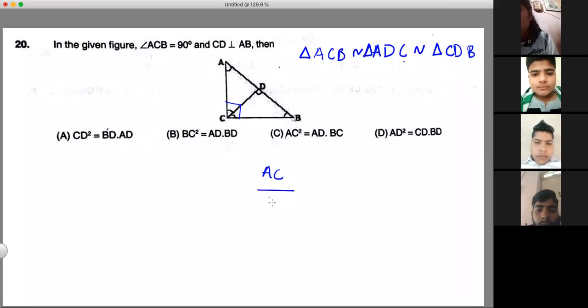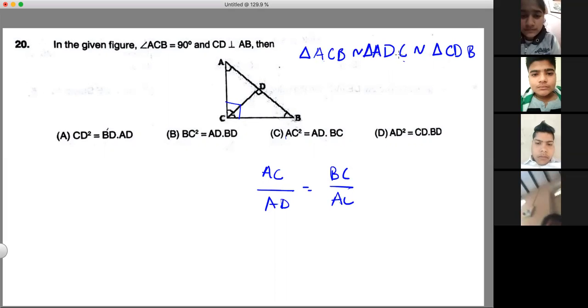So I can write it like this. Then I am left with BC by AC, right? But BC by AC is not corresponding. BC by DC is corresponding, right? So this is not true.